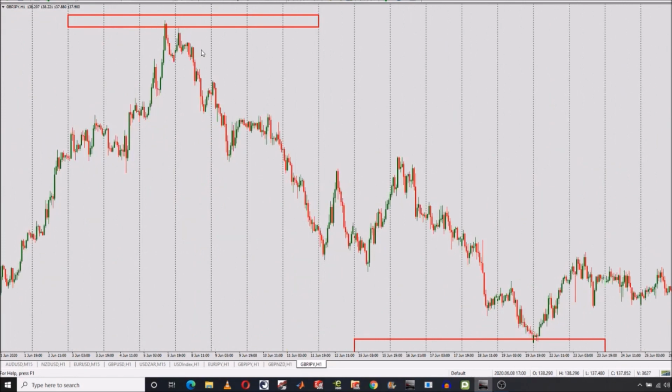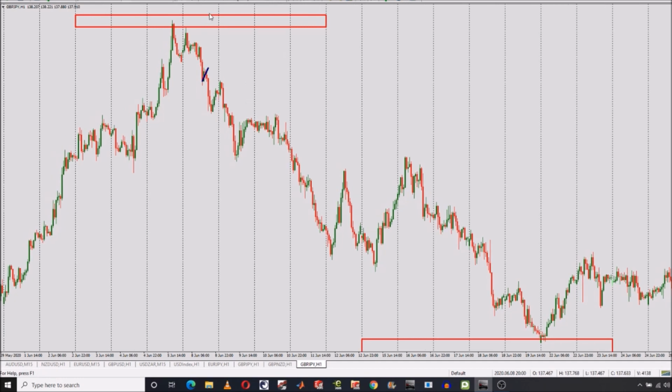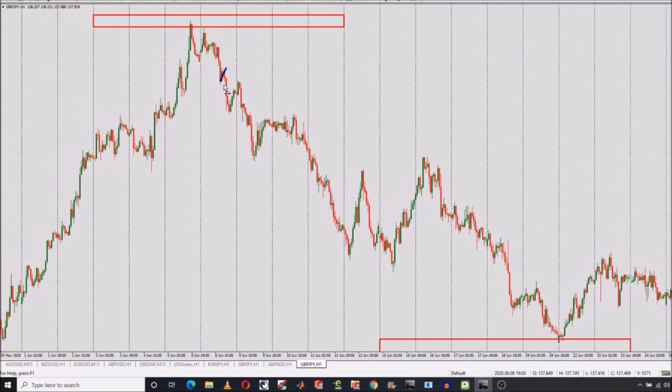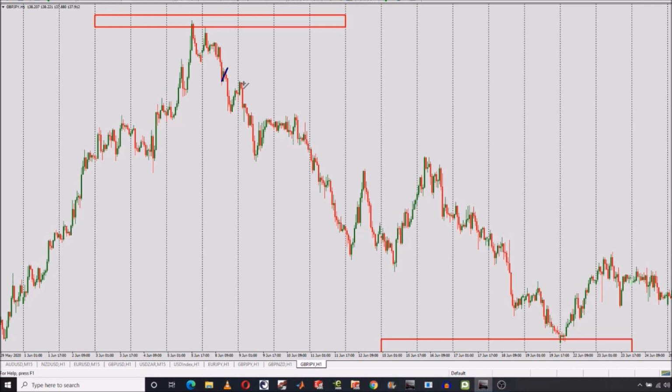Right, from this point to this point, we actually had a push, a pullback, another push, and another pullback, meaning that this length from this point up to this point is actually a complete H1 level.